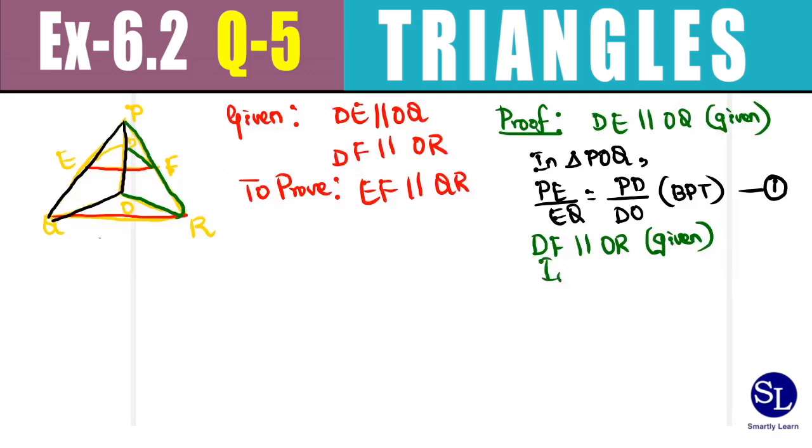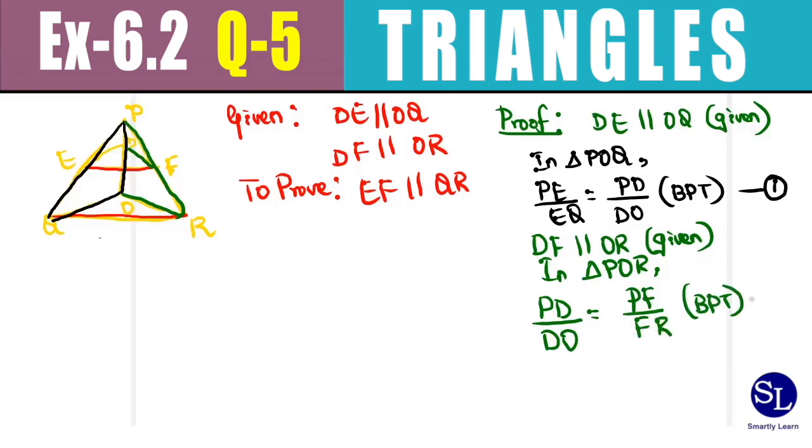So in triangle POR, this is going to declare us PD divided by DO is going to be equal to PF divided by FR according to BPT. So mark this as equation number 2.